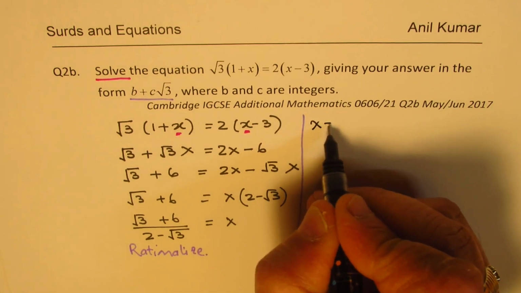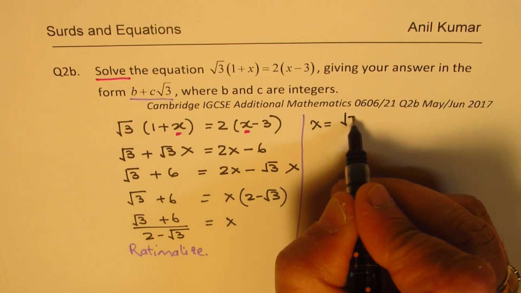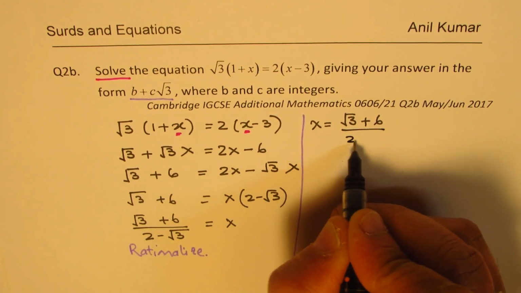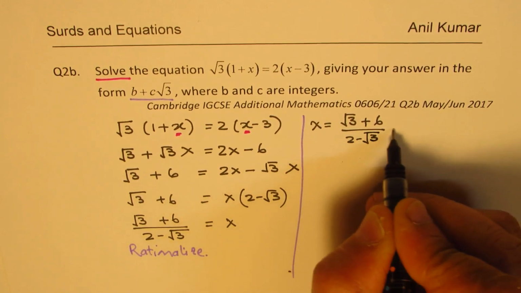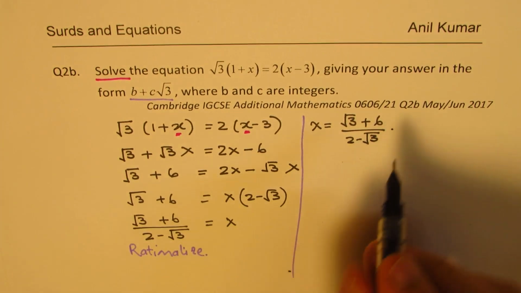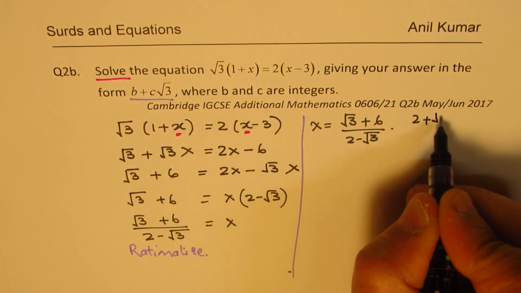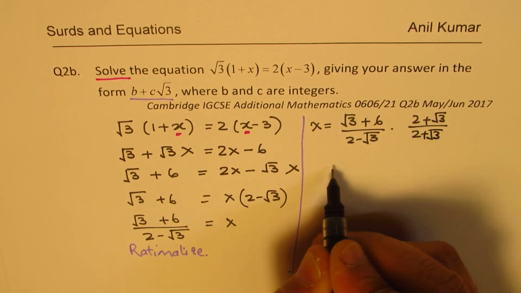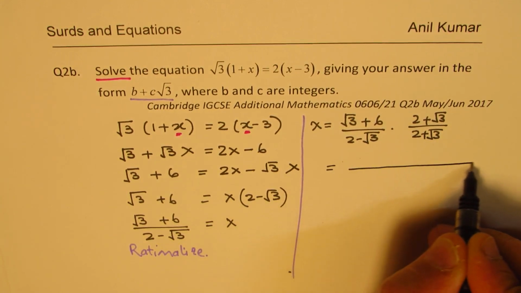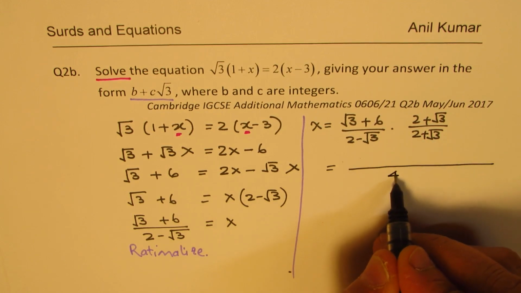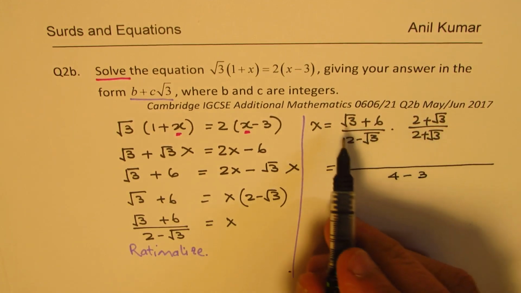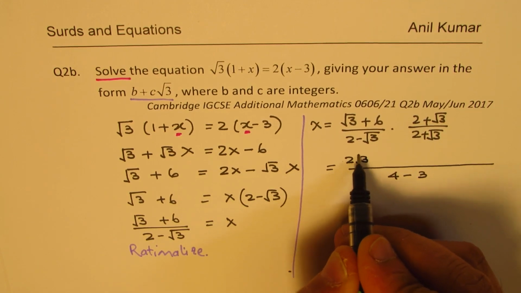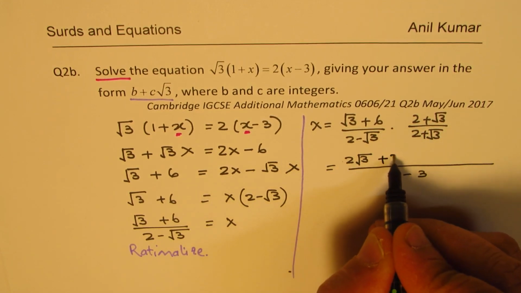So now let's rationalize and then compare the values. So we can write this as x equals to square root of 3 plus 6 over 2 minus square root of 3. So we'll multiply and divide by the conjugate, which is 2 plus square root of 3. So in the denominator, we'll get this square minus that square, which is 4 minus 3. In the numerator, we'll just multiply. So we get 2 square root 3, and then we get plus 3.